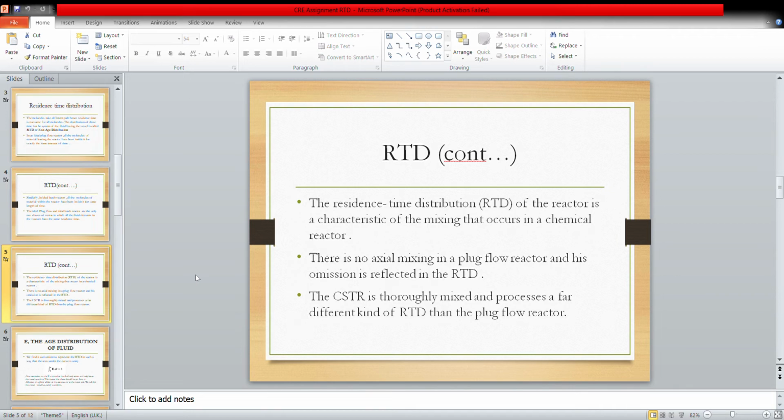The CSTR is thoroughly mixed and possesses a far different kind of RTD than the plug flow reactor. So it has a different RTD than the PFR.